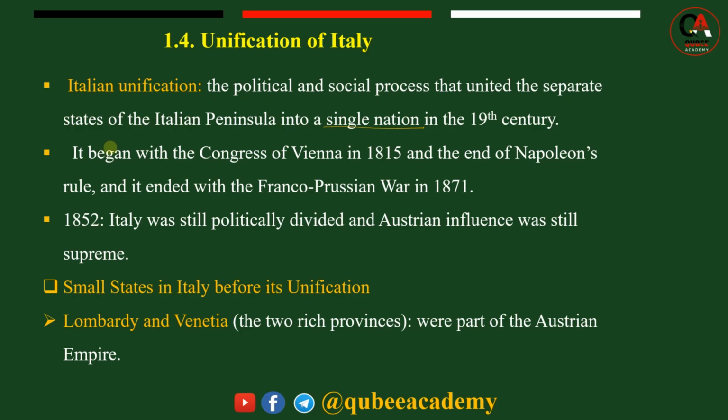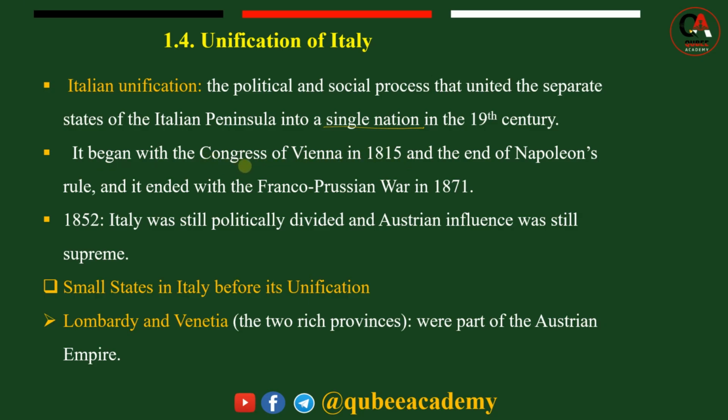So, in the case of what is unification, when it was started was not known, as well when it was ended is not clearly known. But the Italian unification, according to historians, it was begun in 1815 with the Congress of Vienna.